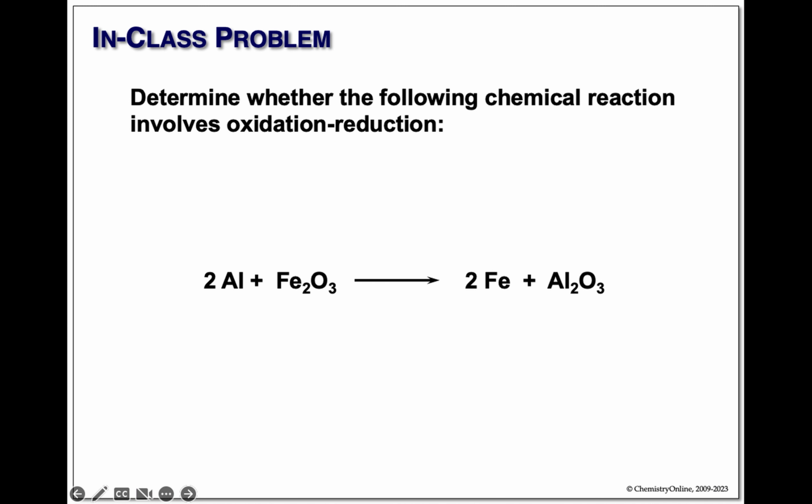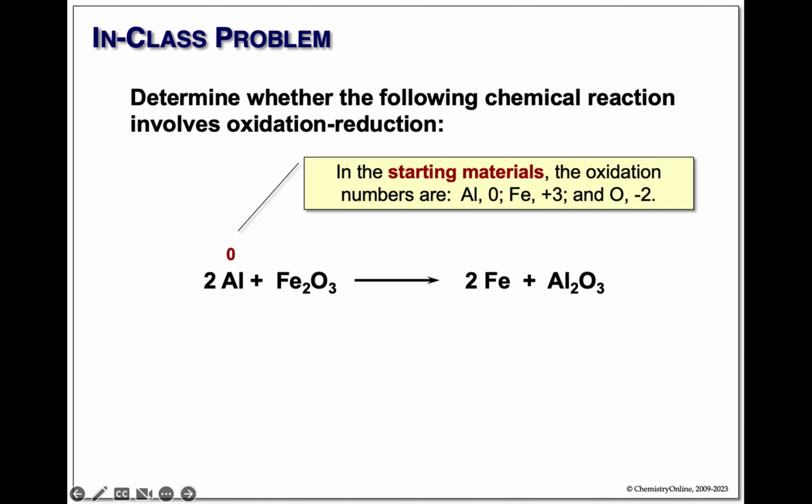Well, the aluminum is going to be 0, right? Oxygen is going to be -2. Iron is going to be +3. Over here, iron is the element. It's going to be 0. Aluminum is going to be +3. It's a metal ion. And oxygen, -2.